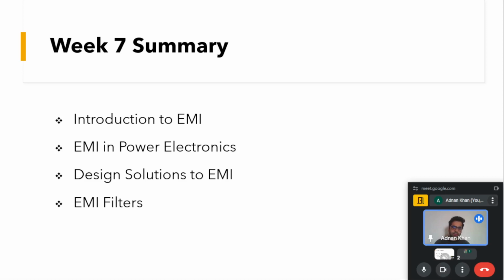Then subsequently we'll be seeing certain design solutions or filters that are used to limit and attenuate these EMI. And we'll be discussing some of the EMI filters that we use in our power electronics, how they operate, and how we design these filters.